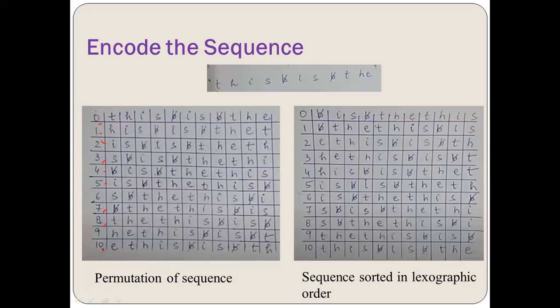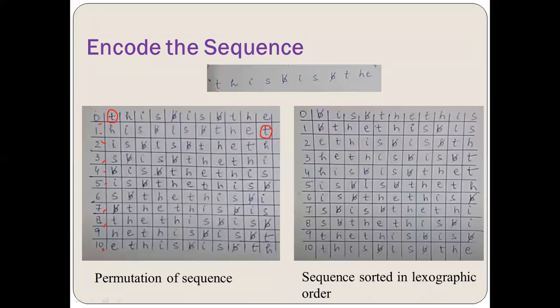Now first of all, we have to write the given sequence as it is at the 0th position. So T, H, I, S, B bar, I, S, B bar, T, H, E, right? This is written as given in the question. Now we are going to form it in cyclic order. That means the character at the first position will move to the last position in the next step, and then the sequence will follow.